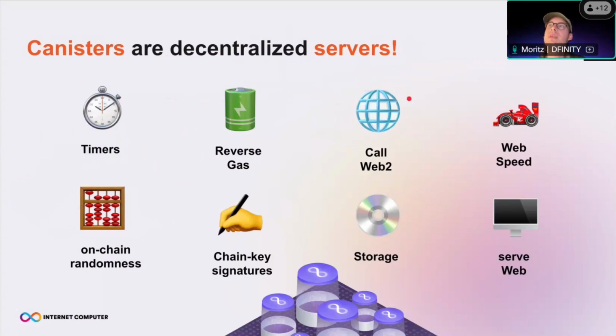Today, I quickly want to just highlight the ones that we need for the presentation. If you want to know more about the others, I would advise you to watch the ICP Demystified playlist on YouTube that is linked at the end.